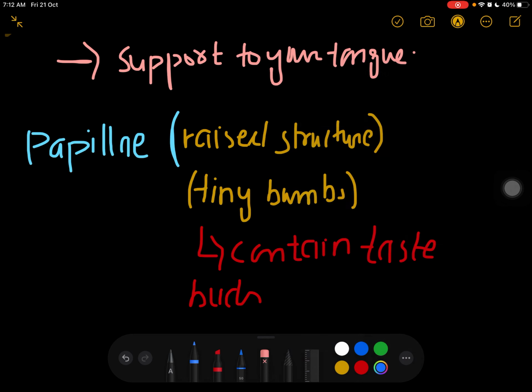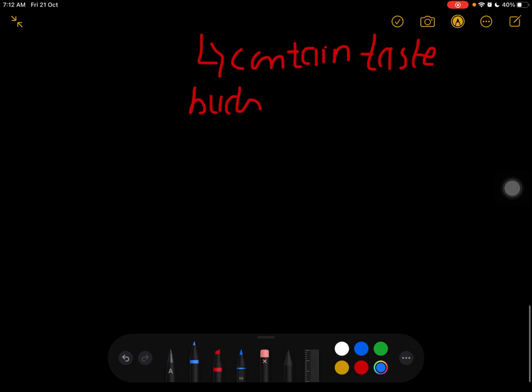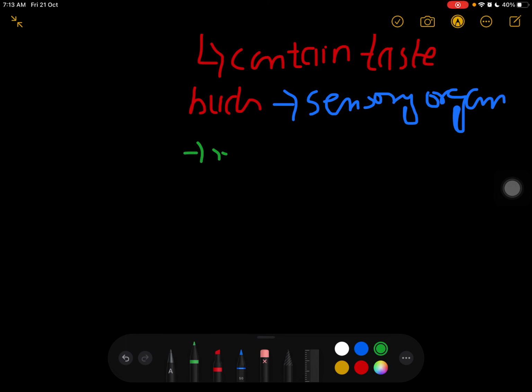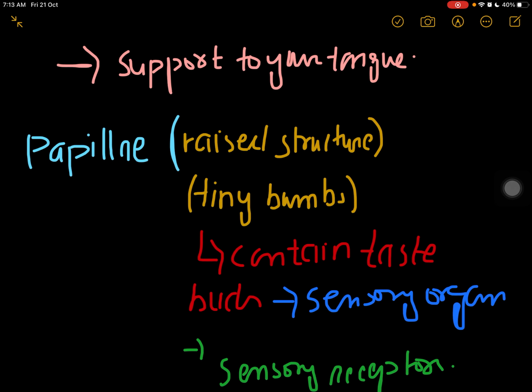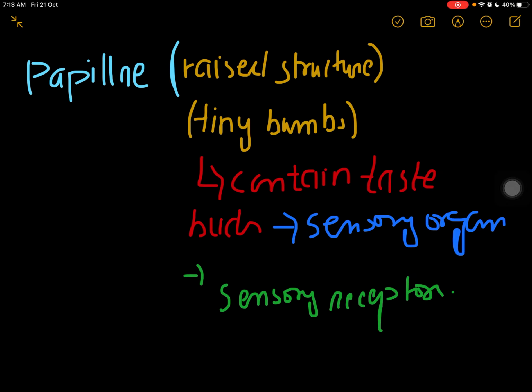Taste buds are actually sensory organs. They contain the sensory receptors. So a papilla is a raised structure which contains taste buds, and taste buds are a sensory organ which have the sensory receptors.